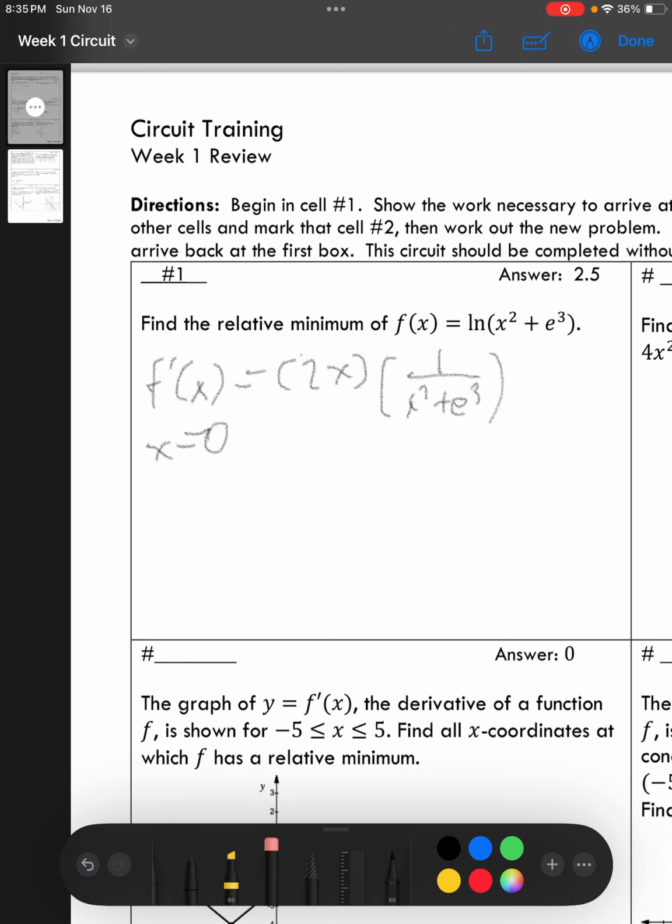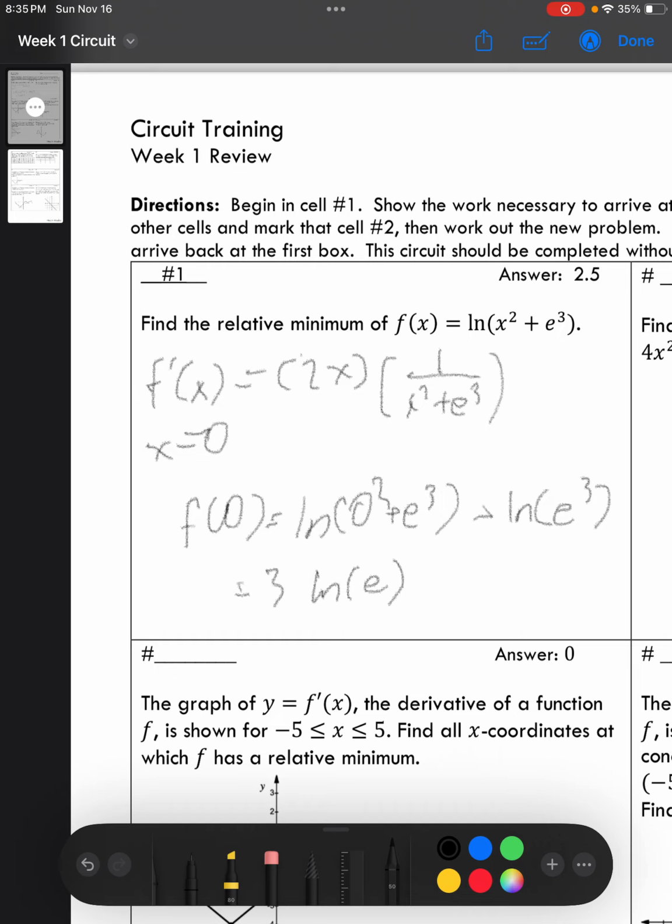So if we plug it back into the original equation, f of 0 is equal to ln of 0 squared plus e cubed, which is equal to ln of e cubed. Now, since ln has base e, the ln of e cubed is just 3 ln e.